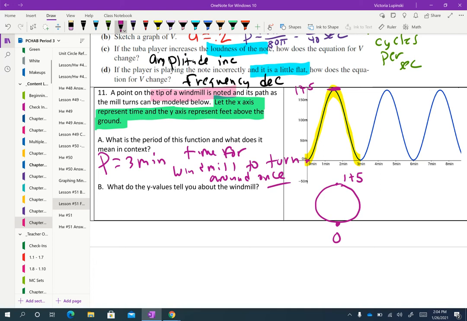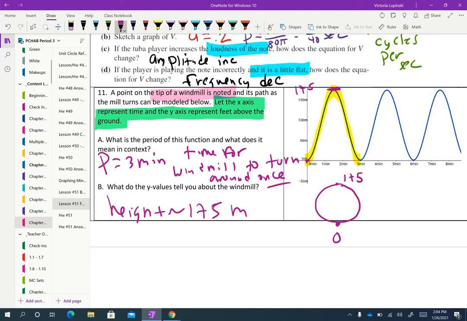So what do the Y values tell you about the windmill? So we're going to estimate that the height is approximately 175 meters. And that's what we can ascertain. Again, the lowest is 0 and the highest is 175. Then here's something else.